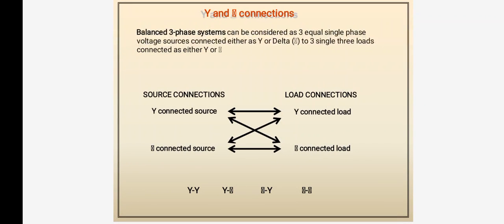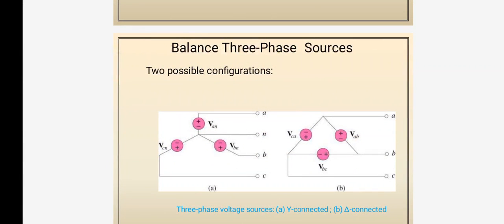You can easily understand from the diagram that there are four combinations. The star connection is generally called the Y connection, and the delta connection is generally called the triangular connection. So this is the basic representation of balanced three-phase sources.